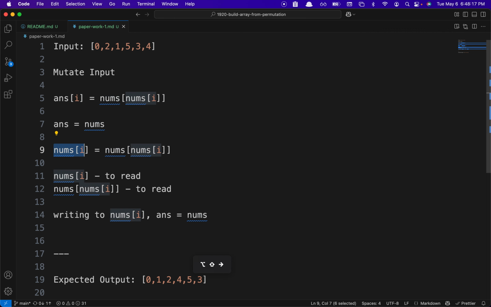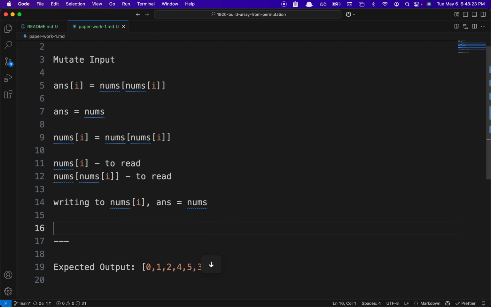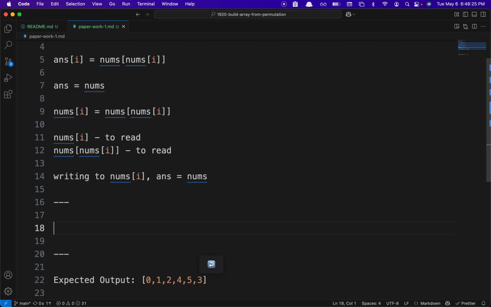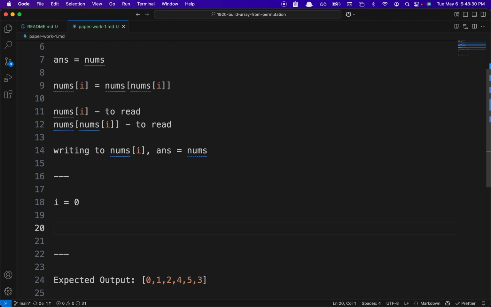it's going to be a problem, right? But will you need it is the question. For example, if i is equal to 0, you take nums of 0 equal to nums of nums of 0. You need nums of 0, you will read it. This will happen only later.